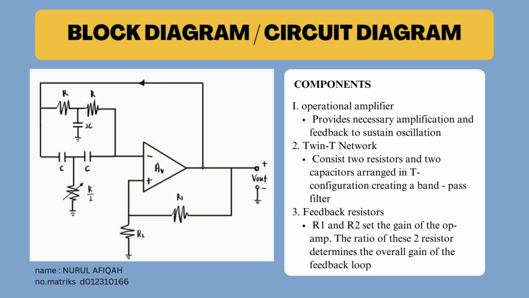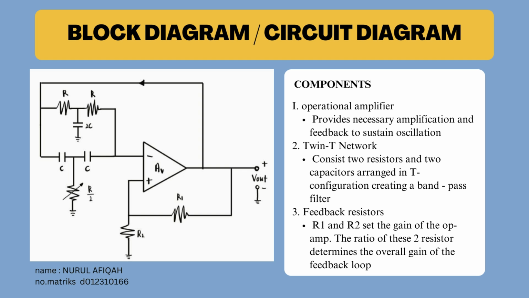The diagram provided is a schematic of a twin-T oscillator which uses an operational amplifier (op-amp) along with resistors and capacitors to generate a sinusoidal waveform. Here's a detailed explanation of each part of the circuit. First, the operational amplifier. The op-amp provides the necessary amplification and feedback to sustain oscillation.